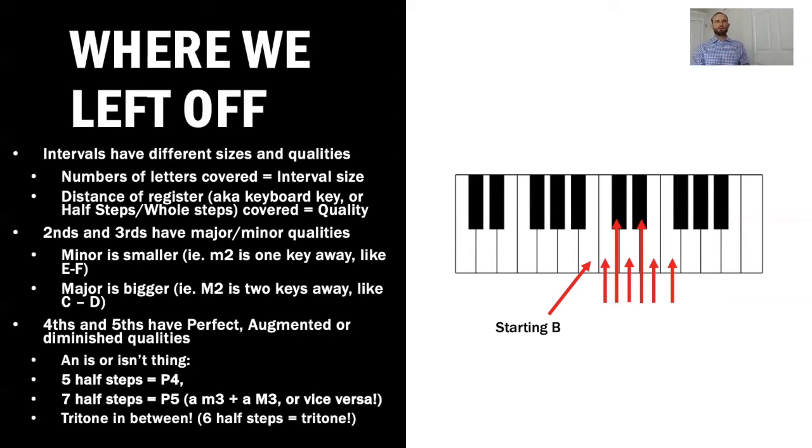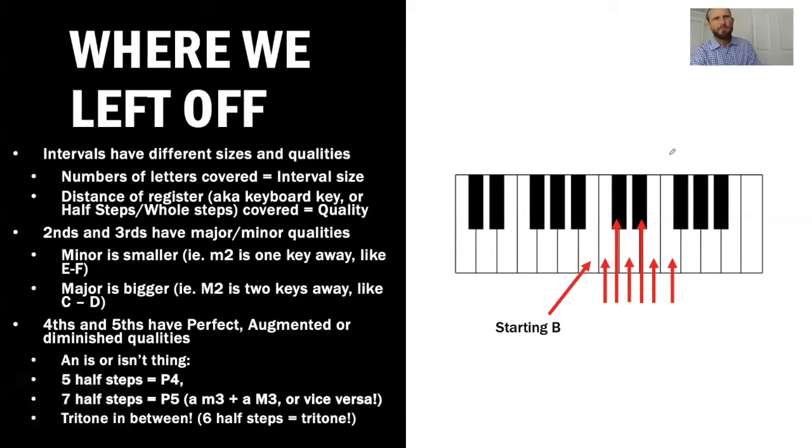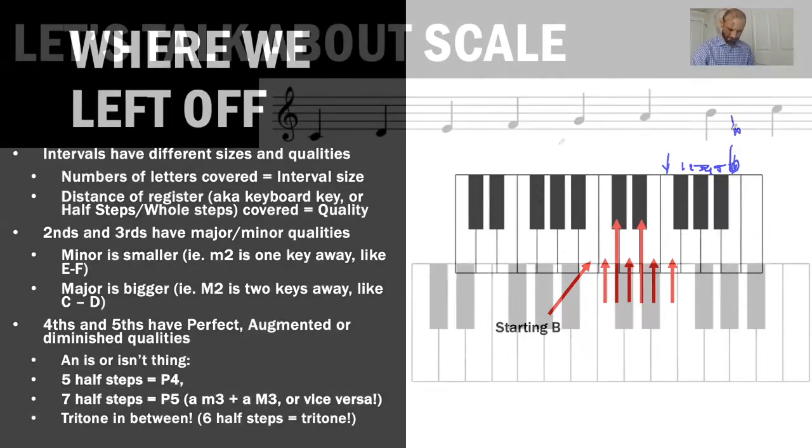So an augmented fourth would be going from this F, let me get my pen out, blue. If you went from this F to this B, that's F, G, A, B, that's an augmented fourth, but it would still be 1, 2, 3, 4, 5, 6 keys away. Cool? All right, let's move on.